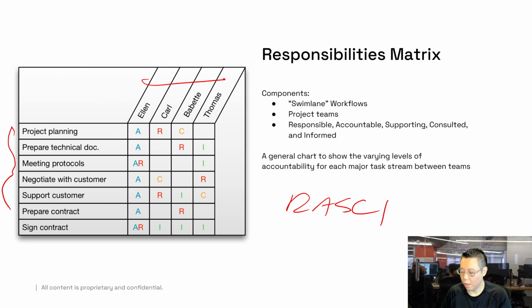And you'll have different operational duties along with whoever is on that team or the team name for each one. So for instance, we might have project planning, meet with customers, and we have the accountable party who's the owner of everything, the responsible party for executing on it, a party that will support those efforts, a party that needs to be consulted for maybe approvals, and a party that might be informed just as an FYI or copy on the email.